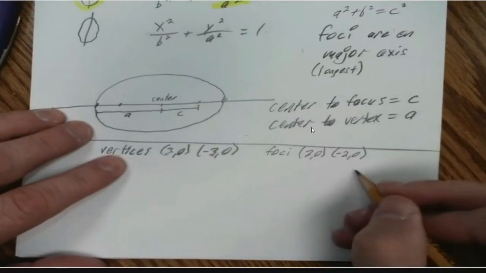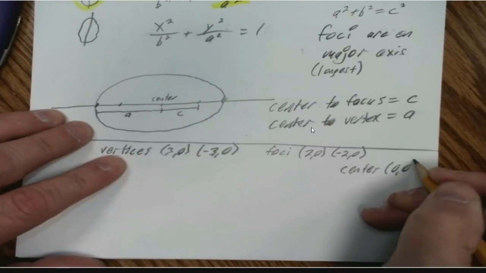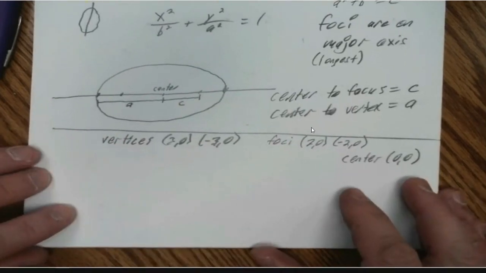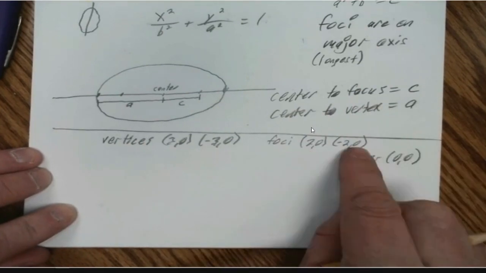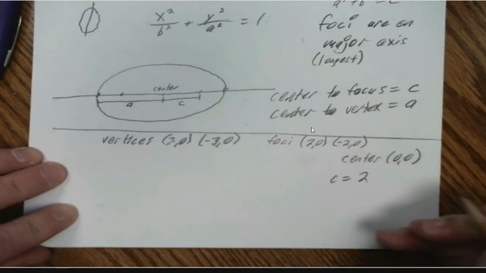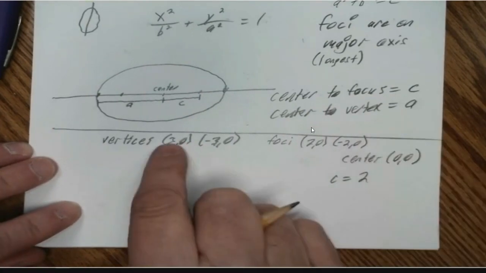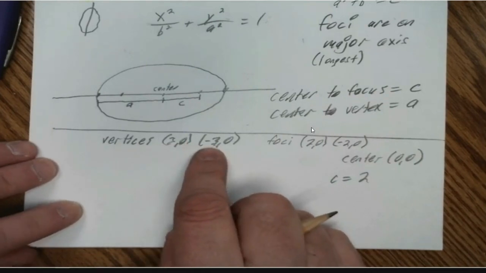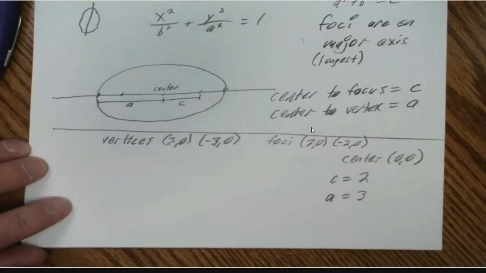So we know that our center is 0, 0. So what is C? Center to the focus. Well, the focus is 2 away on both sides. So our C must equal 2. Center to the vertex. This is 3 away from the origin. This is 3 away from the origin. It's just the other direction. So our A must equal 3. Okay, we're getting close.